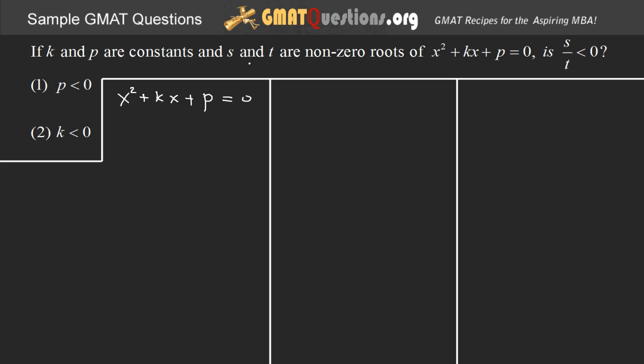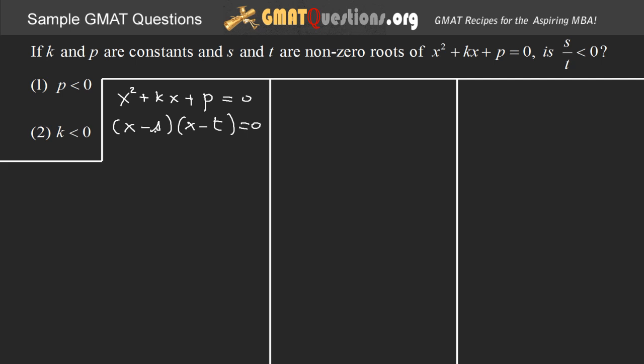Now, since s and t are the roots of the equation, it must be true that x minus s times x minus t is equal to 0. Those who are familiar with factorization know this.